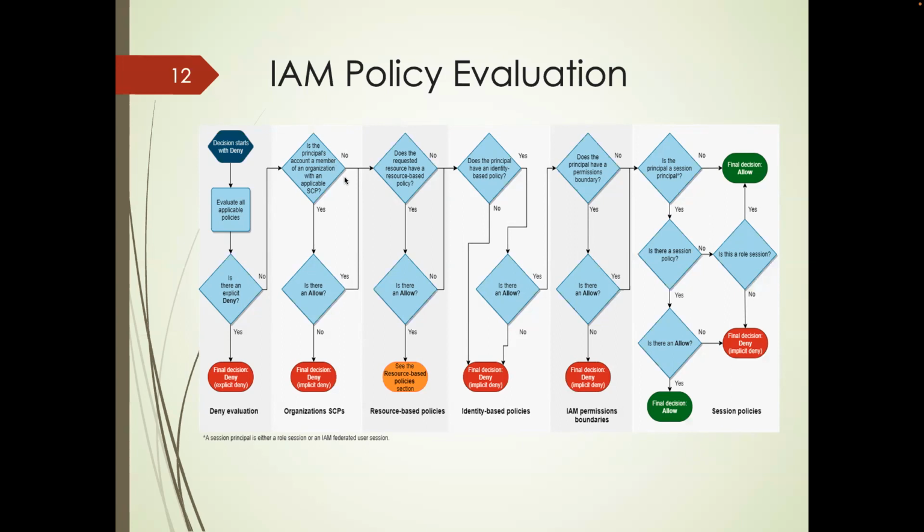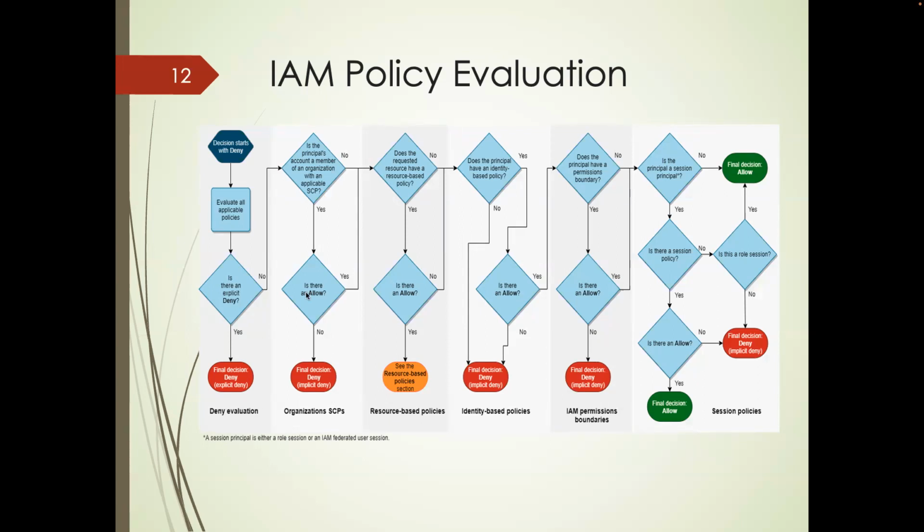SCP, by the way, stands for service control policies. If there is an allow configured, then it will move on to the next step, or if there is no allow configured, then the final decision will be deny. That is an implicit deny, coming in from the organization's SCP, that is the service control policies.